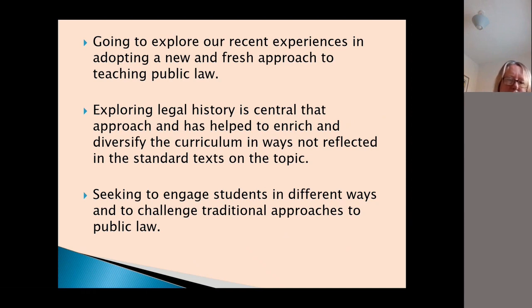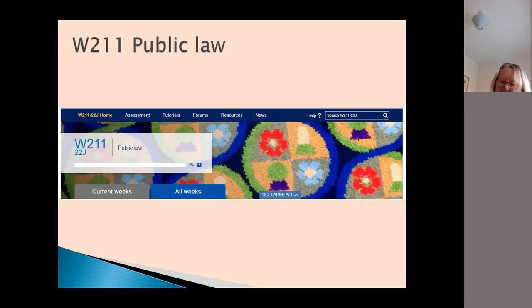And one of the things that we're trying to do is to engage students in different ways and to challenge their assumptions and traditional approaches to public law. And I wanted to bring in some imagery here, going beyond the text, because as an online module, we do tend to break this up with imagery.